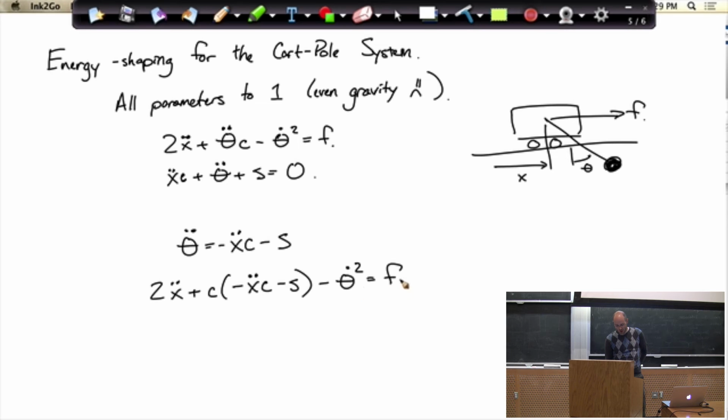It's a function of the force that you're putting in and the state of the whole system, including the angle and velocity of the pendulum, okay? But I can solve directly for x double dot. Okay?